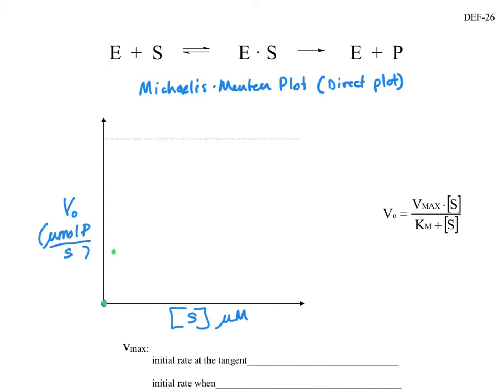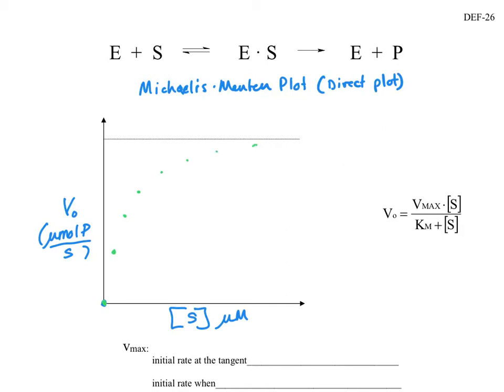Okay, now let's say we do put some substrate in, some low concentration of substrate, and we get some velocity like that. Now if we put twice as much substrate in there, the velocity will be higher. The substrate's going to bump into the enzyme more often, you're going to get more product. But here's the interesting thing. Twice as much substrate does not give twice as much velocity. If you triple the substrate concentration, you won't get triple the velocity, so on and so forth.